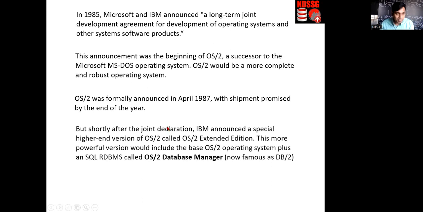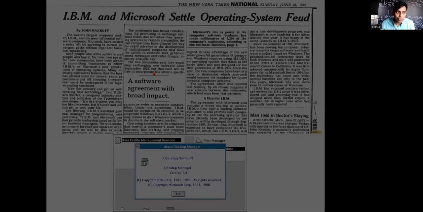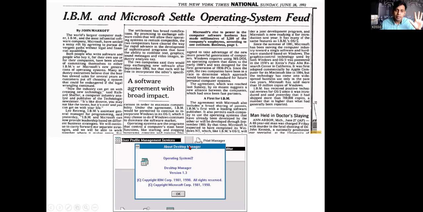I think I showed you these slides also, that there was a legal issue between both the companies. They made a software, you see at the bottom, but legal issues came by, they were not happy, and finally they departed.